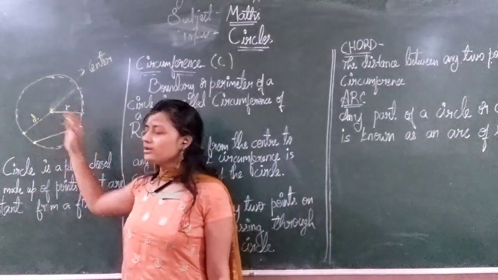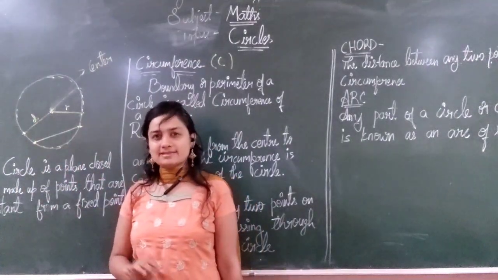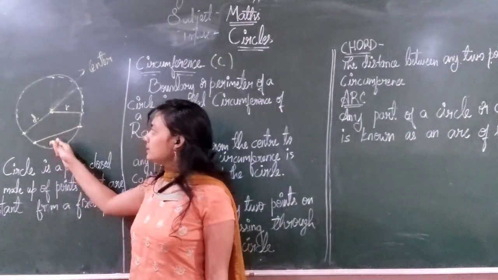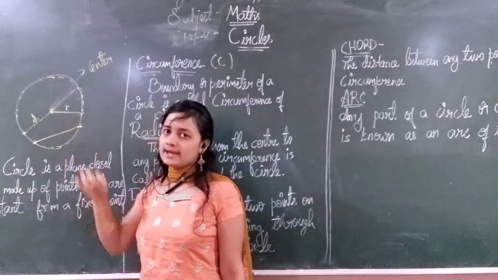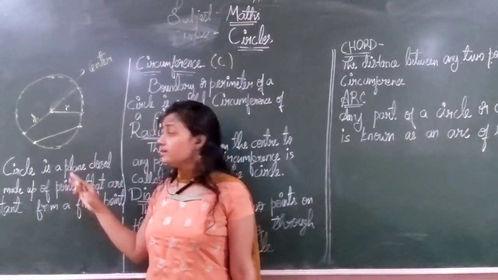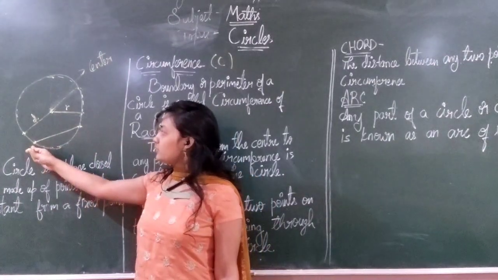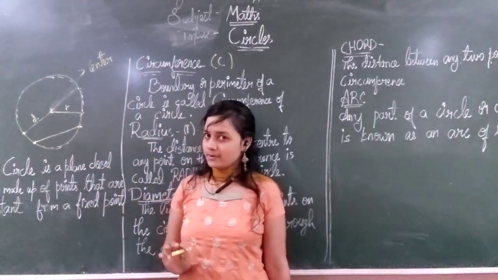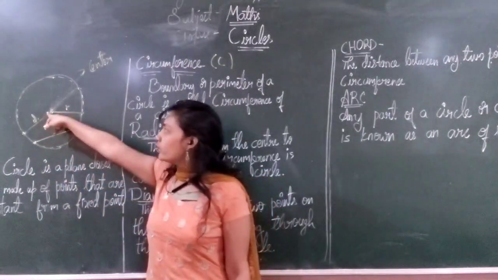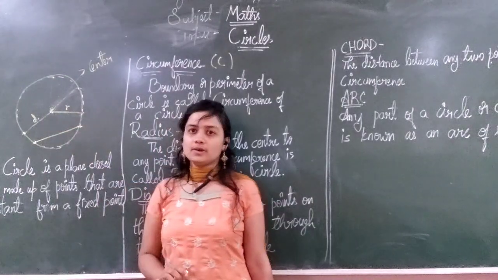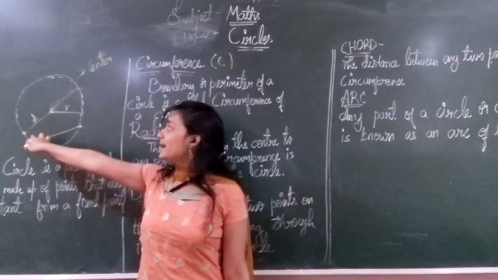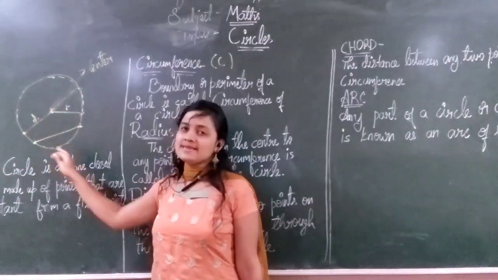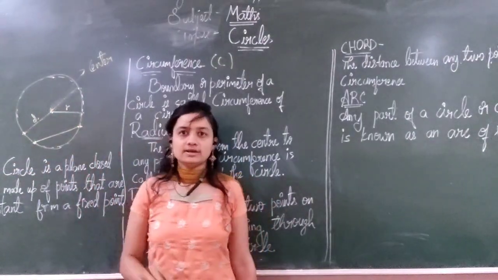So, is the diameter not a chord? Yes, diameter is also one of the chords. But what is the difference between chord and diameter? A chord is just a line joining 2 points, but diameter is a special type of chord which also passes through the center. And also diameter is the longest chord in any given circle.